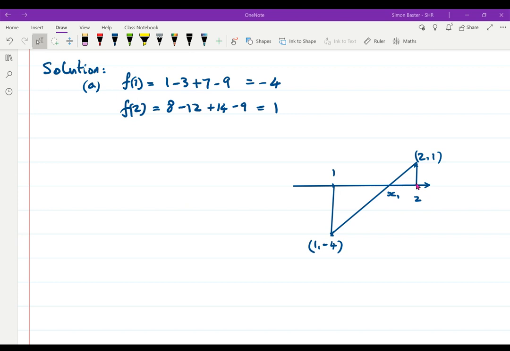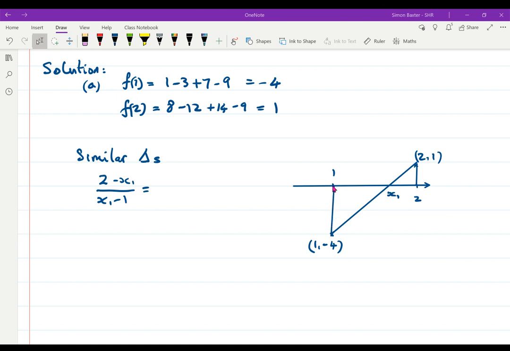If the triangles are similar, then the length from 2 to x1 divided by the length from x1 to 1 must be the same as the length of this line, which is 1, divided by the length of that line, which is 4.